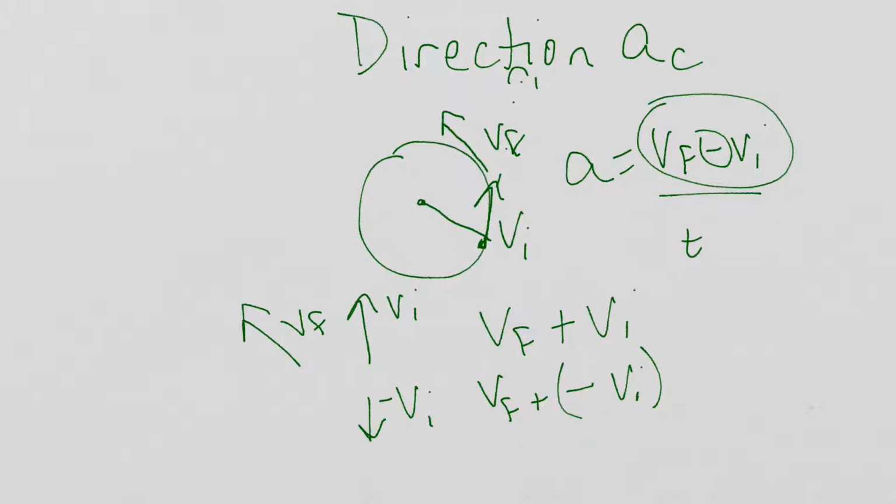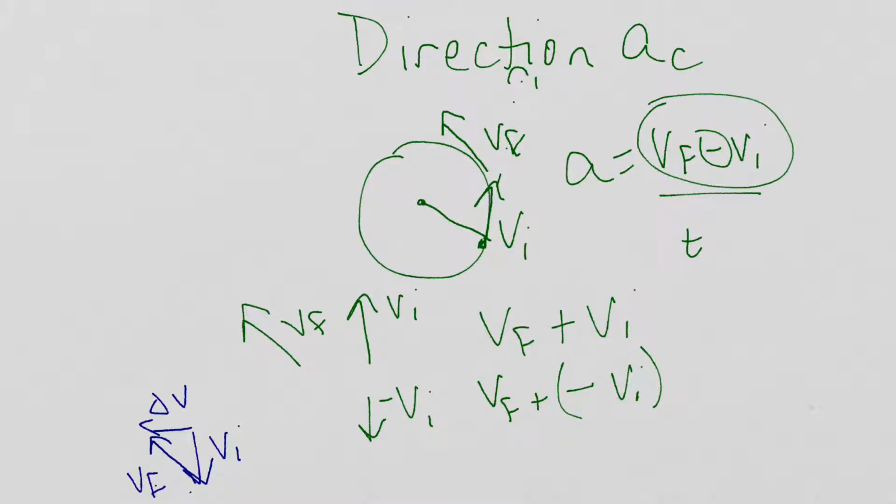I'll change color so it's easier to see. So the VI looks like that. And then VF, if you go to the tip here, and then the tail of VF, and then this is the change in V. So just to label everything, VI, VF.